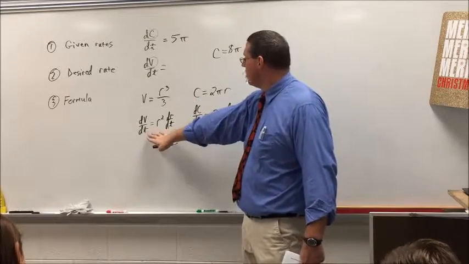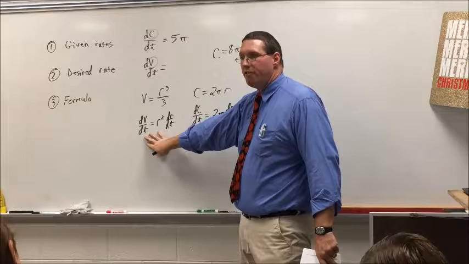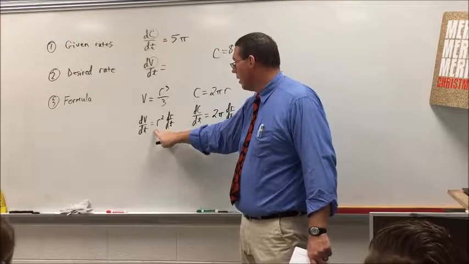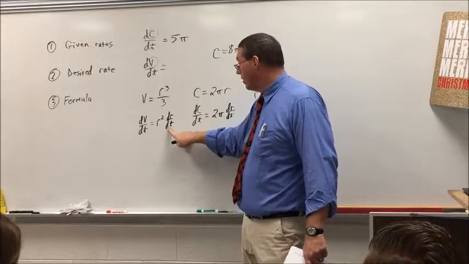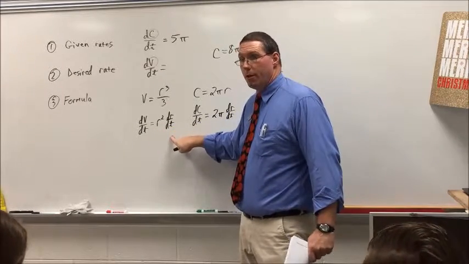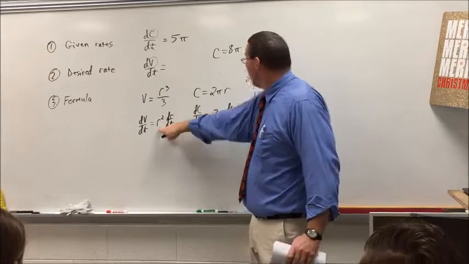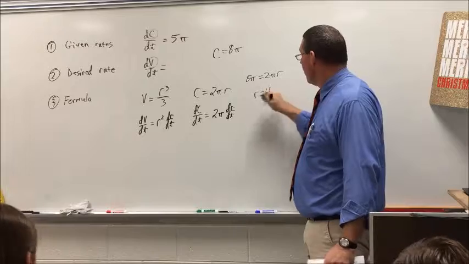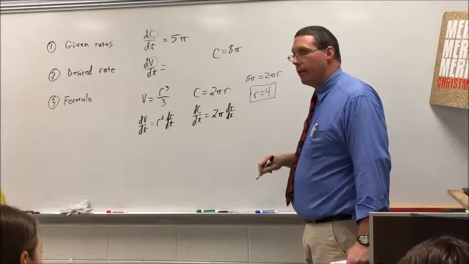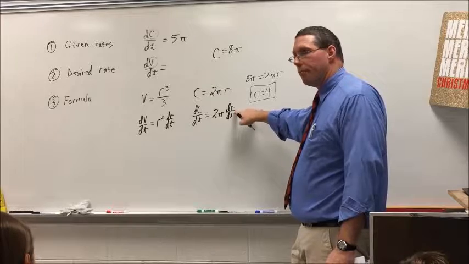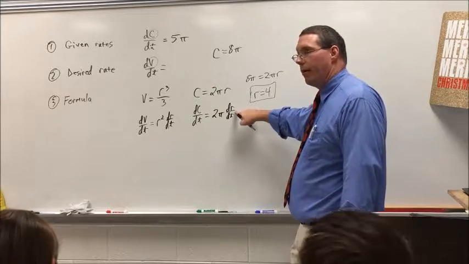See, here, go over to dV/dt. In order to solve dV/dt, what do we need? r and dr/dt. We don't have either of these. We have to get them. The way we get r is through circumference, so we now know that r is 4. Here's dr/dt. We need dr/dt.